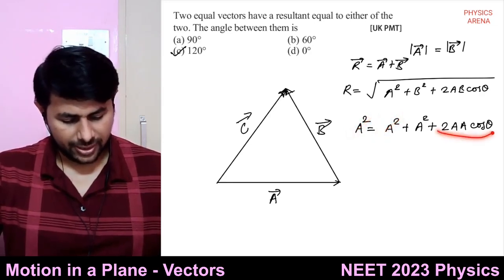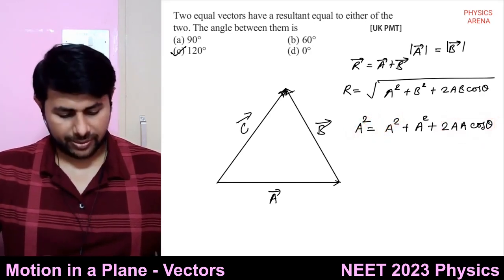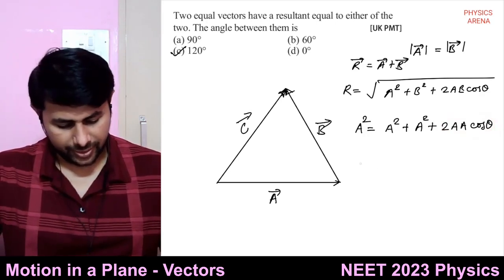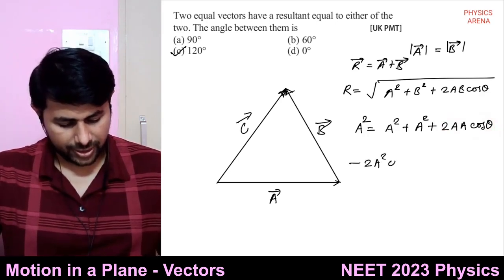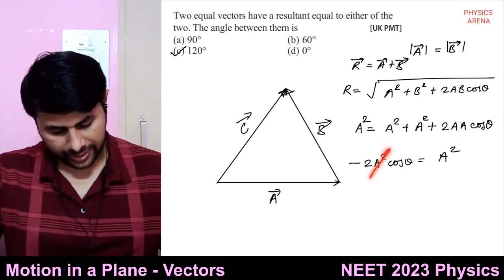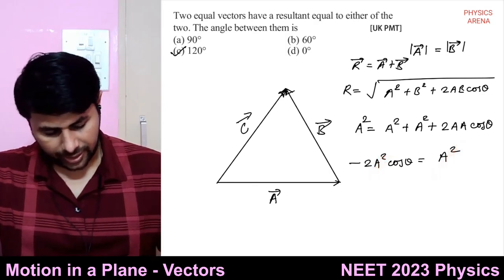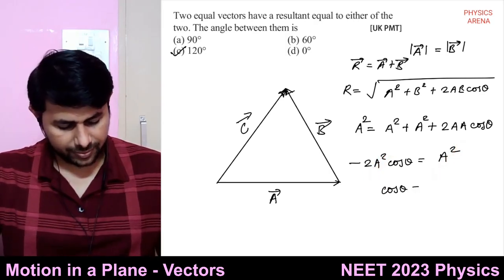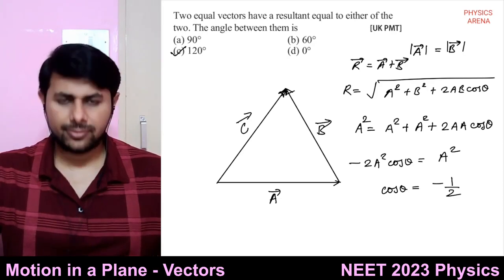So you can take 2A square cos theta to the left hand side. It will become negative. So minus 2A square cos theta is equal to A square, and therefore A square and A square get cancelled out, and you get cos theta equals minus 1 by 2.